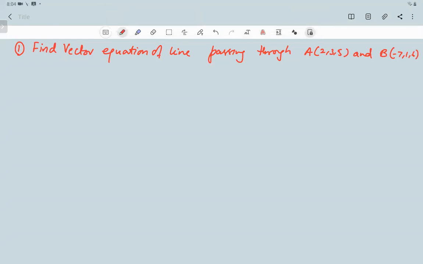Okay, find the equation of the line passing through A (2, 3, 5) and B (-7, 1, 6).